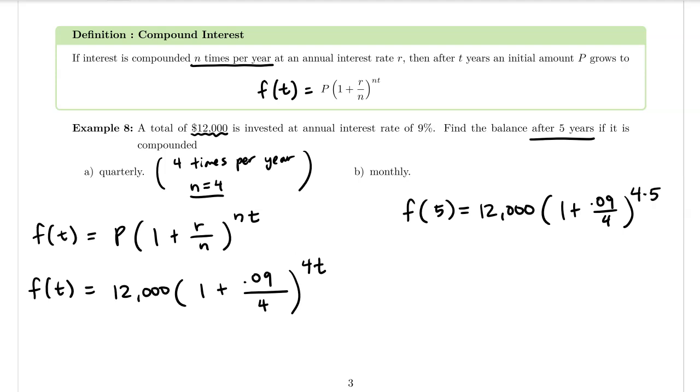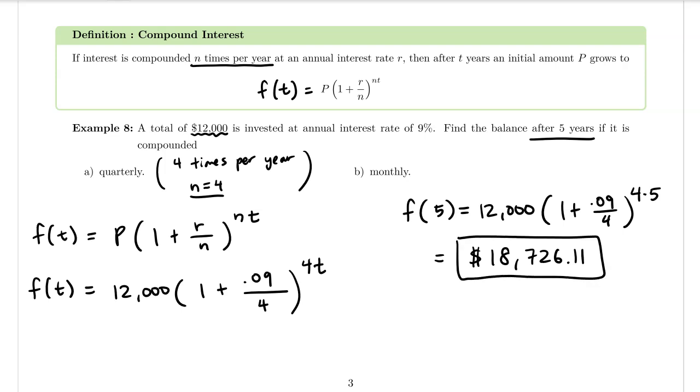And if you are throwing this into a calculator, after rounding to the nearest cent, you should find that this comes out to $18,726.11. So if you have this interest rate, the starting amount of $12,000, and you are compounding quarterly, then after 5 years, you'll have this amount of money in your bank account.